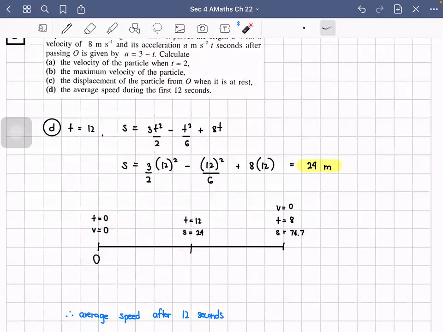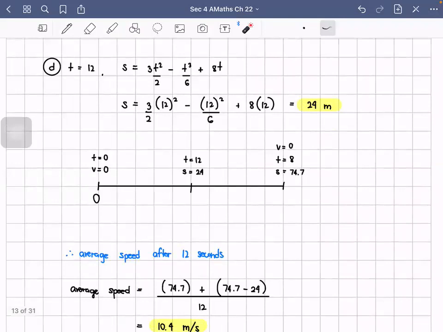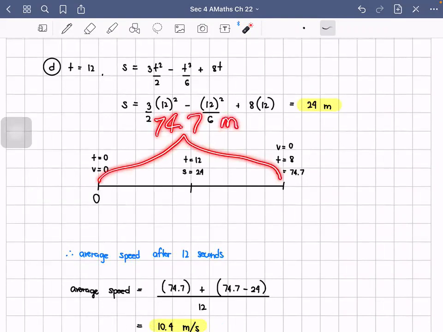So how do you find the average speed? Basically, this one right here is 74.7 meters, plus, what's this?